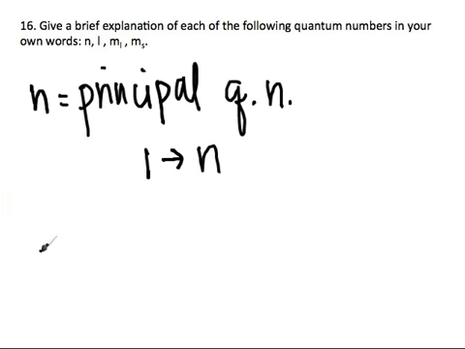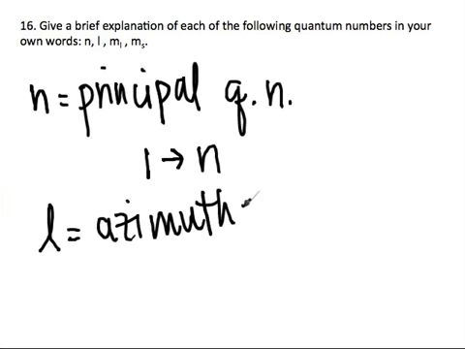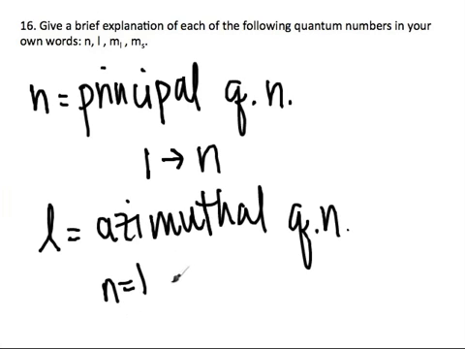The second quantum number is called the azimuthal quantum number, and we give this the letter l. This number is what we often call the subshell. It defines the subshells for that particular energy level. So for example, we have n equals 1. Well, the maximum that l can be is 0, because it's n minus 1.